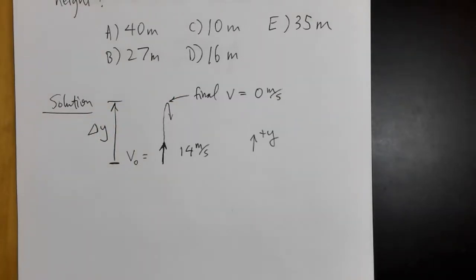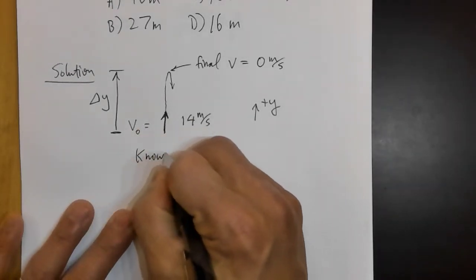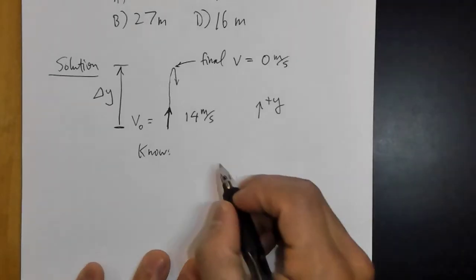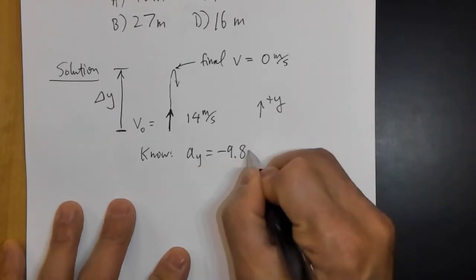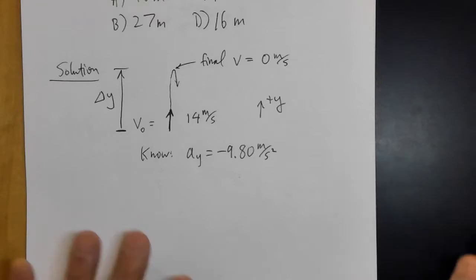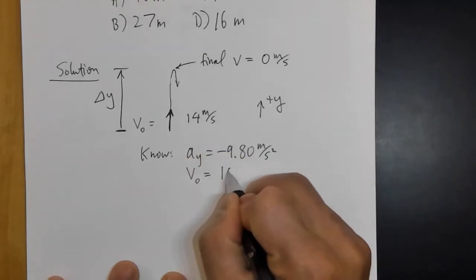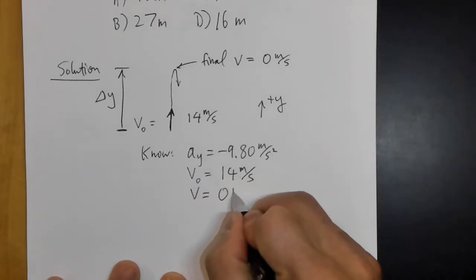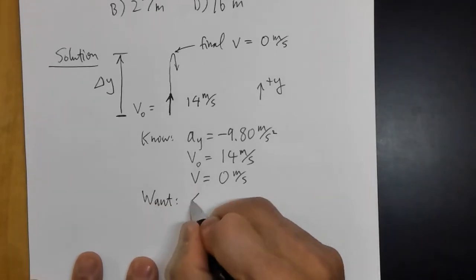So let's take inventory of what we know. Because it's a gravity problem, we know the acceleration, right? So what is it? Perfect. It's negative. Ay is negative 9.80 meters per second squared. We know V0 is 14 meters per second. We know V final is 0. And we want delta y.